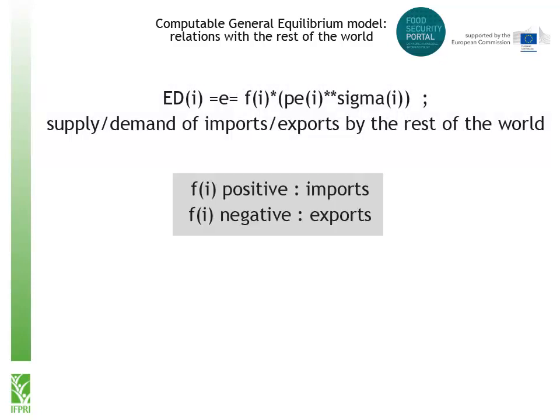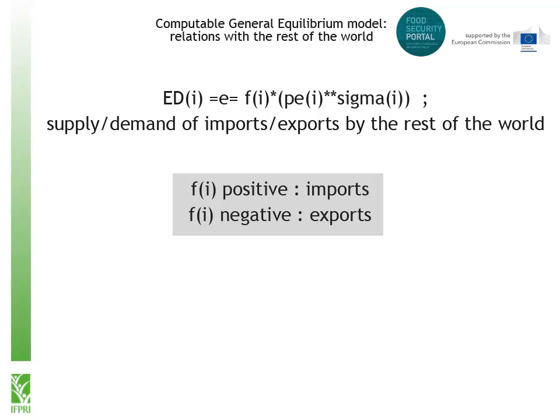And in fact, with ED positive, imports, we've got F in sector i, which is positive. While if ED is negative, we've got exports and we've got F in sector i, which is negative. So in fact, F and ED have exactly the same sign. Why? Because in these equations, you've got on the left side ED, which is either positive or negative.